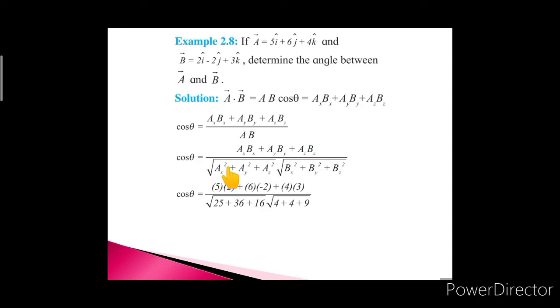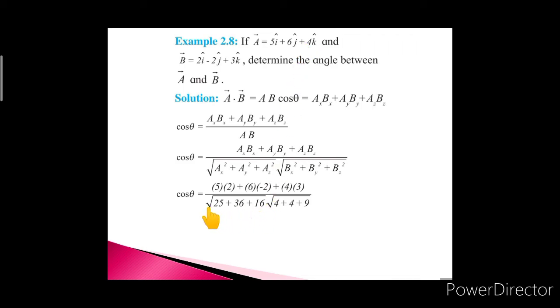So, over here the magnitude of vector A is to be written as square root of Ax square. As Ax is 5, its square will be 25. Then plus Ay square. Ay is 6, its square is 36. Then plus Az square. Az is 4 and its square is 16.